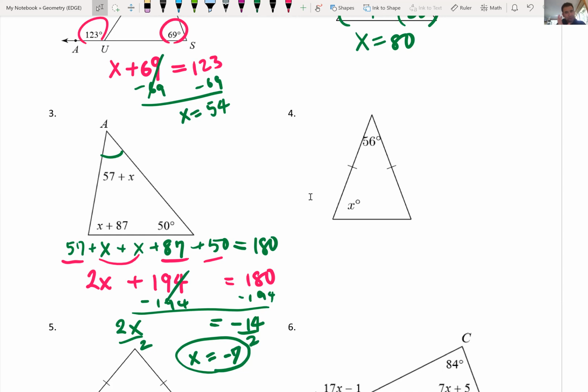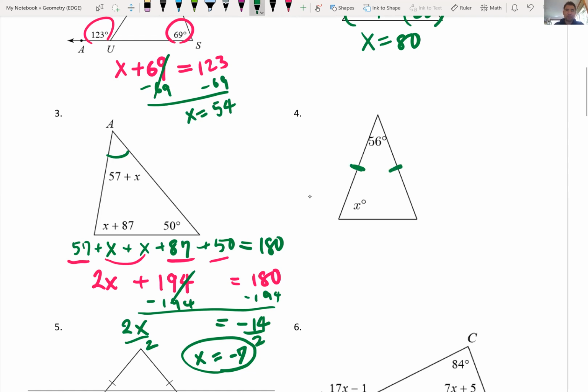If you're wondering how to approach this, just let me guide you through. What kind of triangle is this? Knowing the name is not that important, but this is called an isosceles triangle, because there are 2 markings right here.